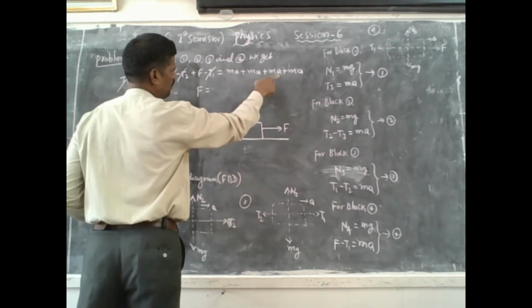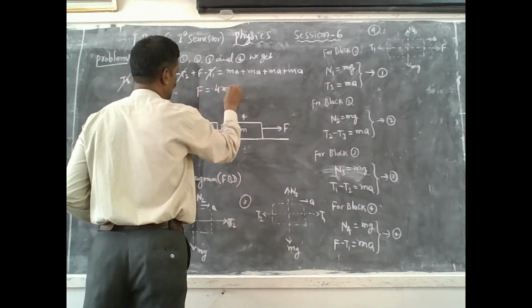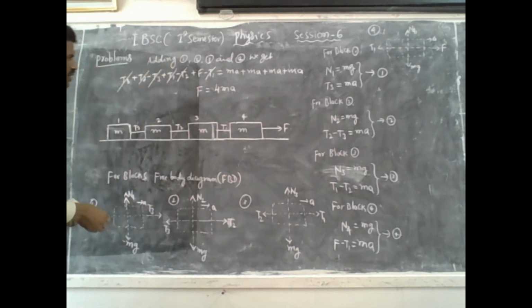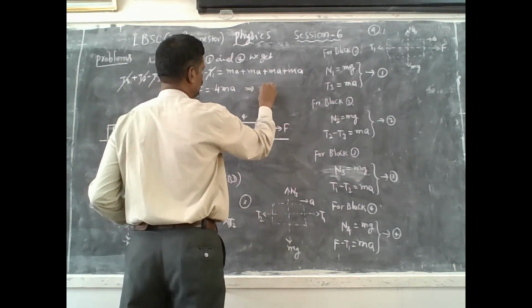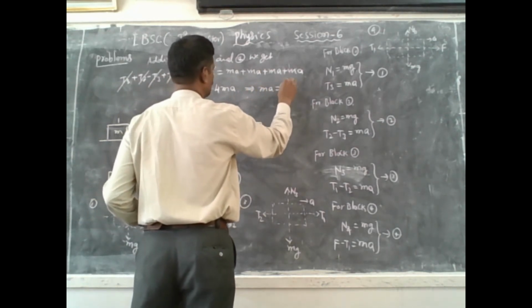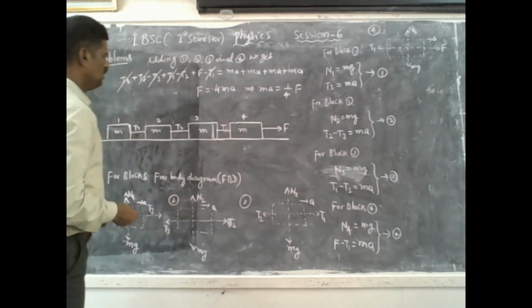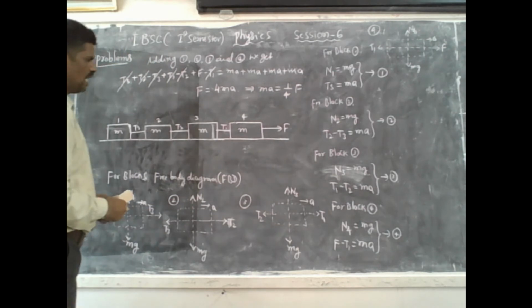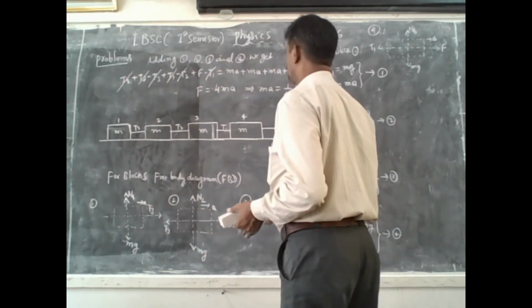1MA plus 1MA plus 1MA plus 1MA is equal to 4MA, isn't it? So MA equals 1 by 4 F, isn't it? Now we are going to calculate the tensions.